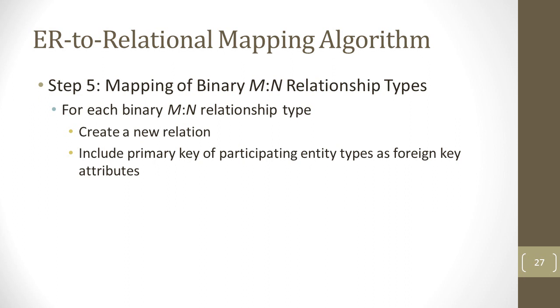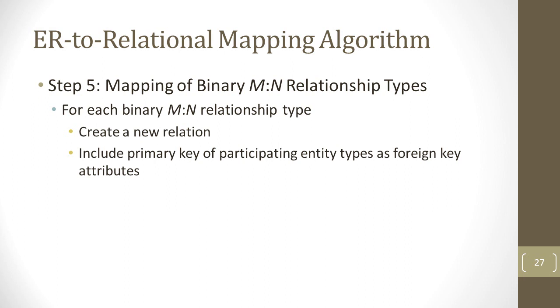And inside of that relation, we're going to store the primary key from the employee table and the key from the department table. So the combination of those two foreign keys are going to form the primary key in this new relation.